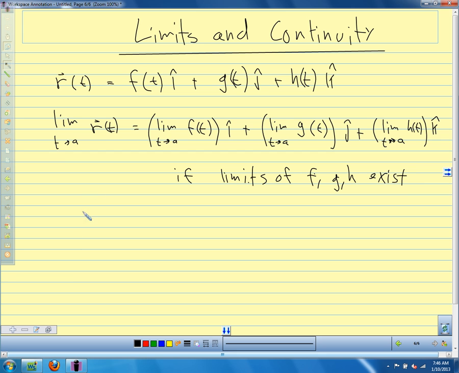If we're going to say that r of t is continuous at t equals a, what are our conditions for continuity? Think even more basic. The limit as t approaches a of r of t.